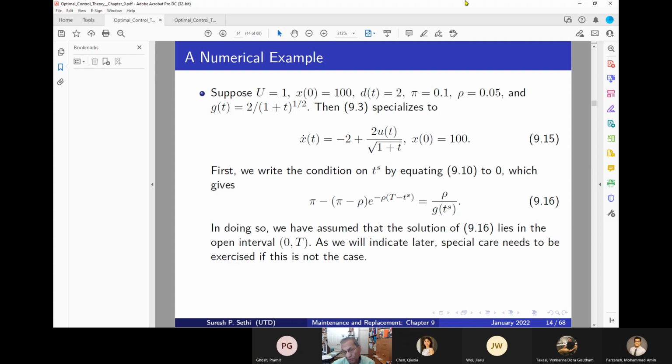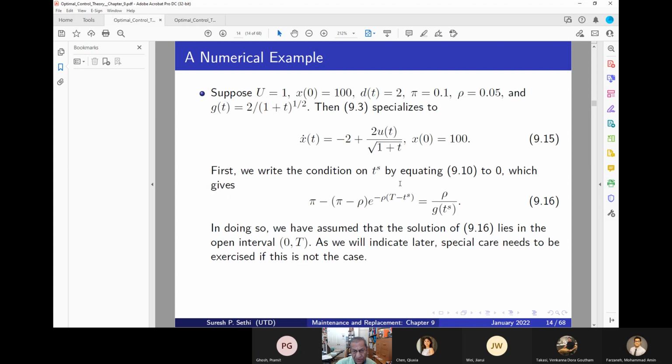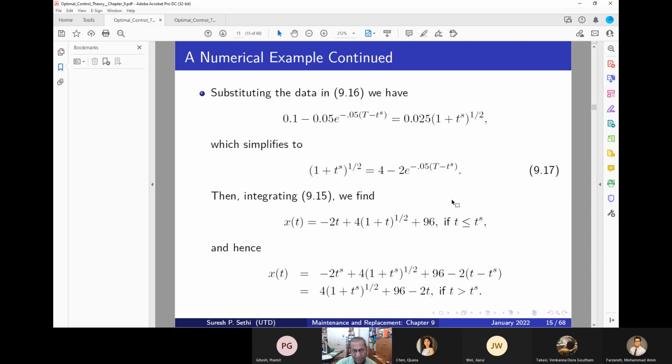The problem has to be solved in whichever way, and it has to cover all the cases that one can encounter. So we substitute the data in these equations, pi and rho and all that, and we find that the Ts satisfies this equation, which can simplify to this 9.17.